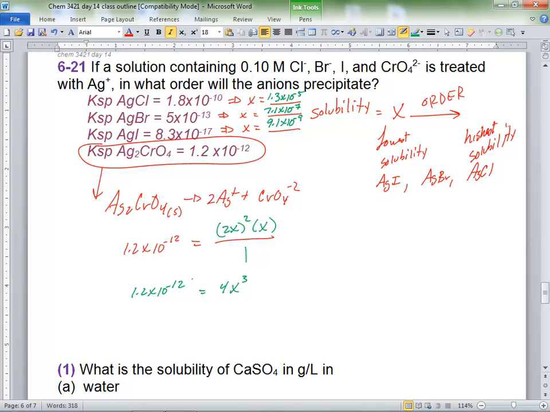About 6.8 times 10 to the negative 5. I got 6.8 times 10 to the negative 5. Hopefully somebody else got that, for the solubility for silver chromate. Anybody else get that?